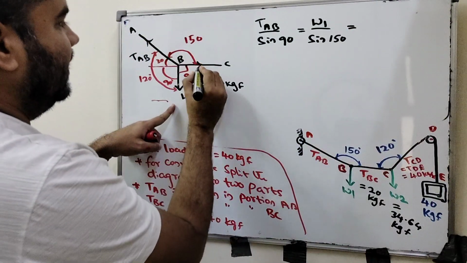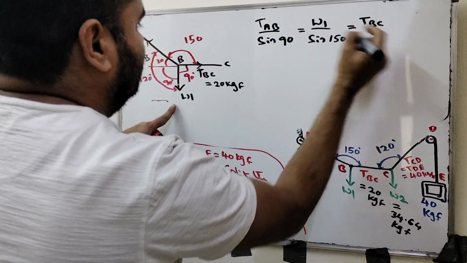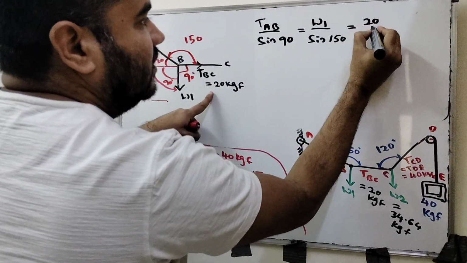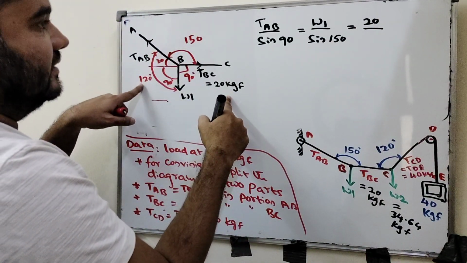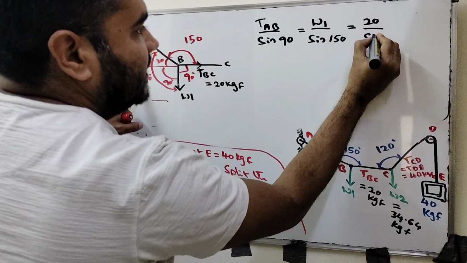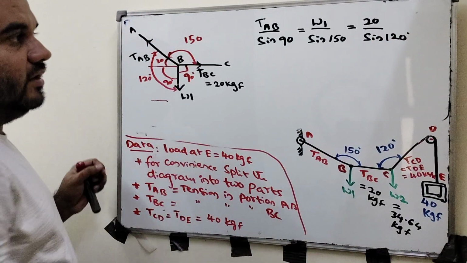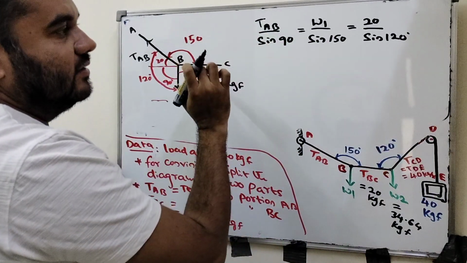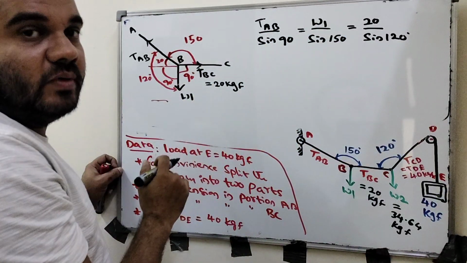Next, T of BC, we already know T of BC. Can I write it directly? It is 20 kgf. 20 divided by sine of 120 degrees, right? Now equate this and this, you will get the tension in string AB. Equate this and this equation, you will get the weight of W1.